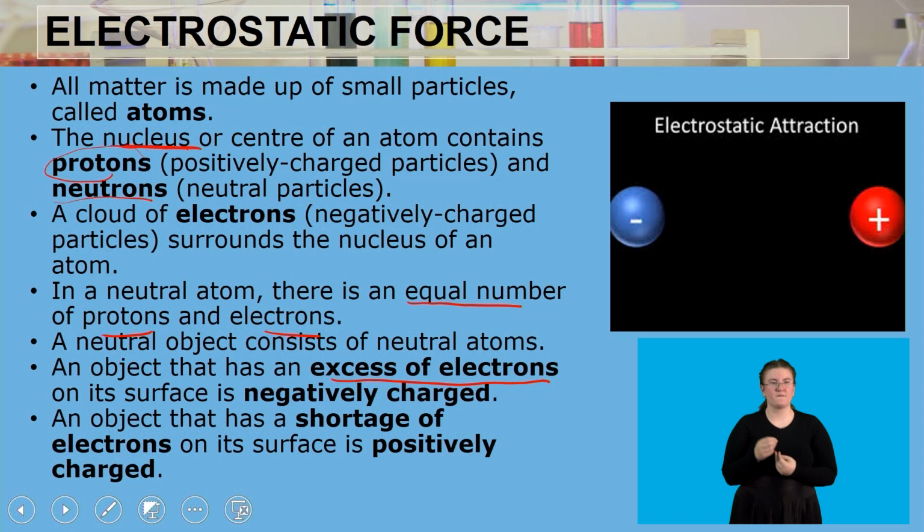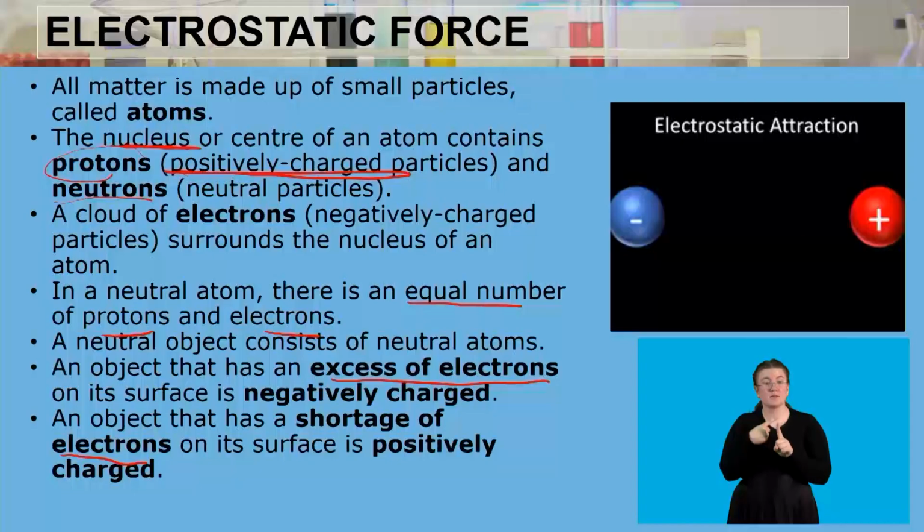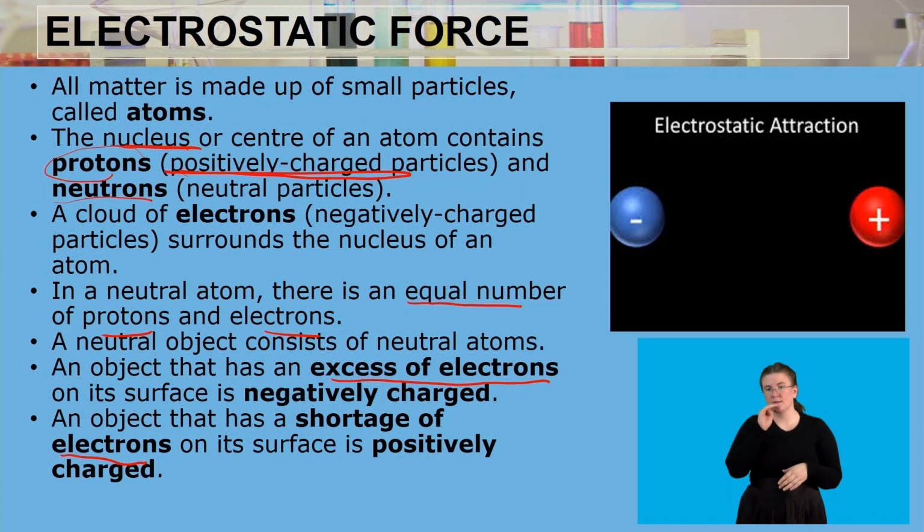An object that has a shortage of electrons has more protons than electrons. And protons, as we have said, are positively charged. So should an atom have more protons than electrons, that atom is going to be positively charged. But should an atom have more electrons than protons, then that atom is going to be negatively charged.